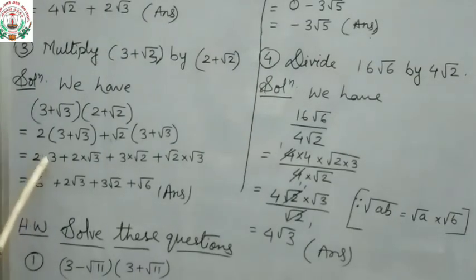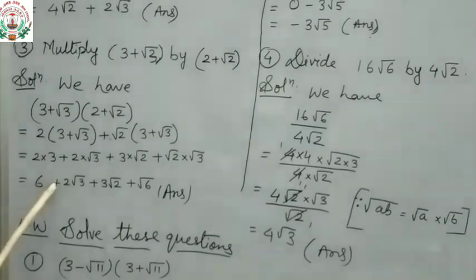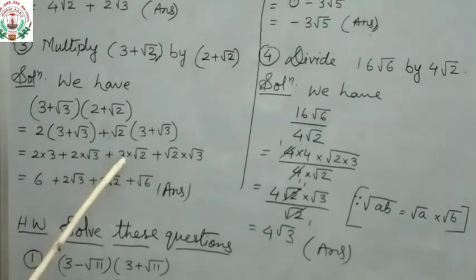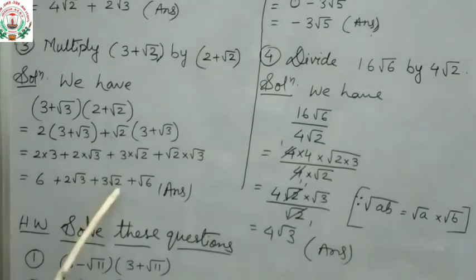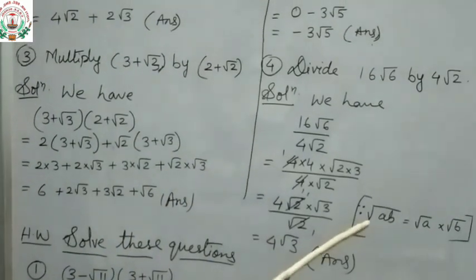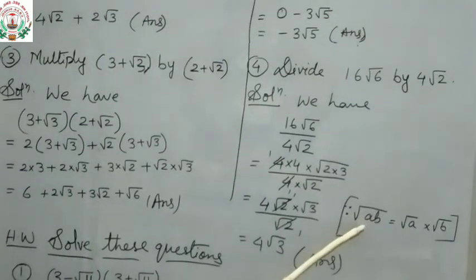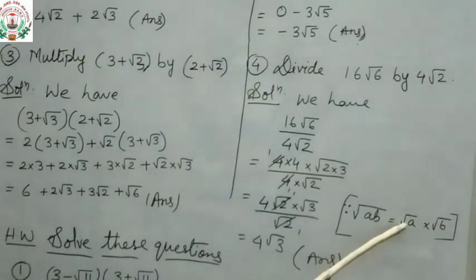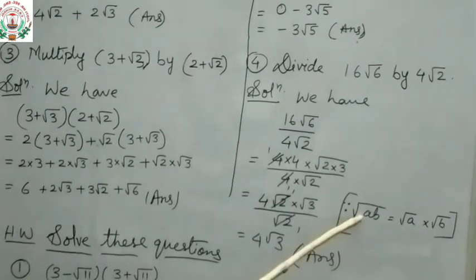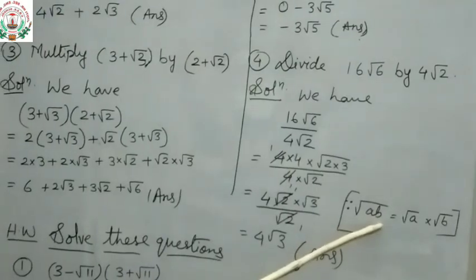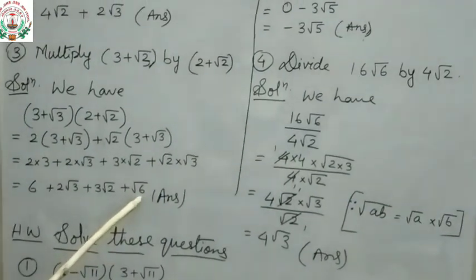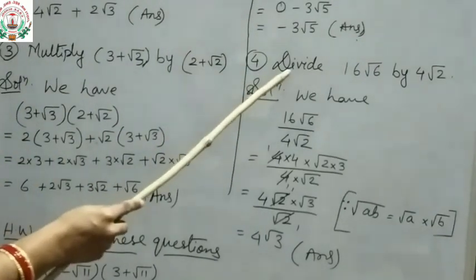Now 2 times 3 is 6, plus on multiplication you will write 2 root 3, plus 3 into root 2 will be 3 root 2, plus root 2 into root 3. We know the identity that root AB equals root A into root B. Suppose root A into root B is given, so the reverse will be done, that is root A into B. So here 2 into 3 will be how much? Root 6. Clear?